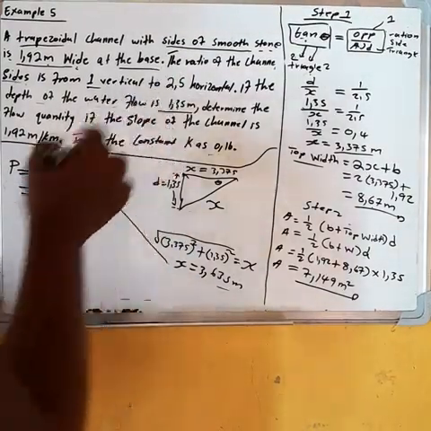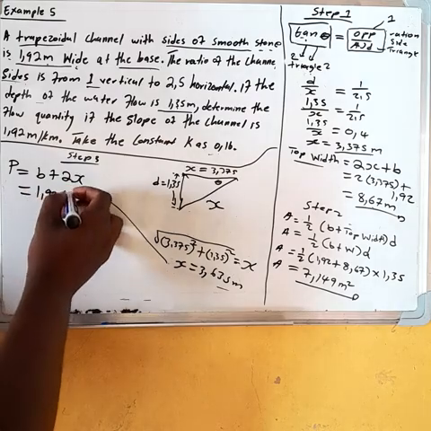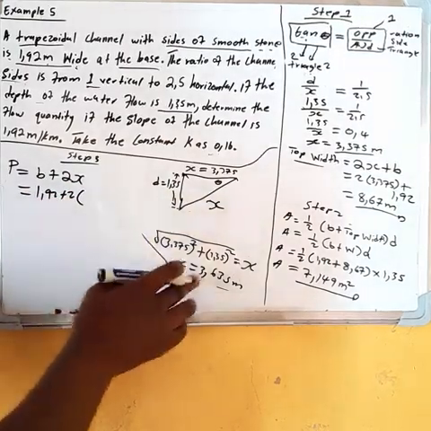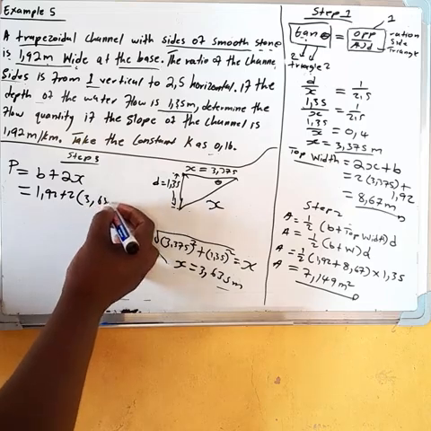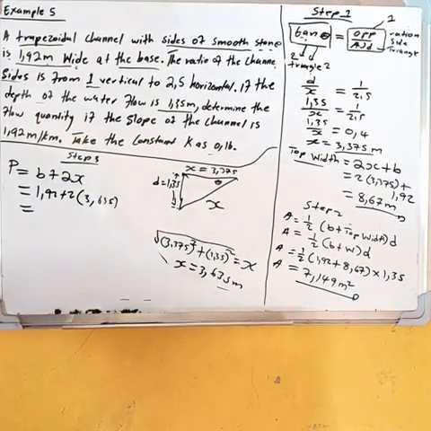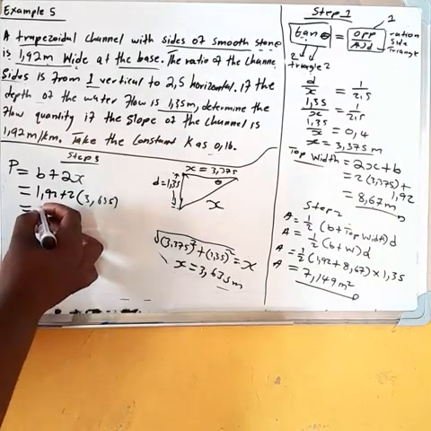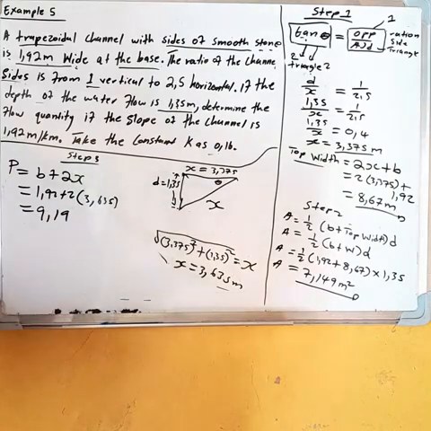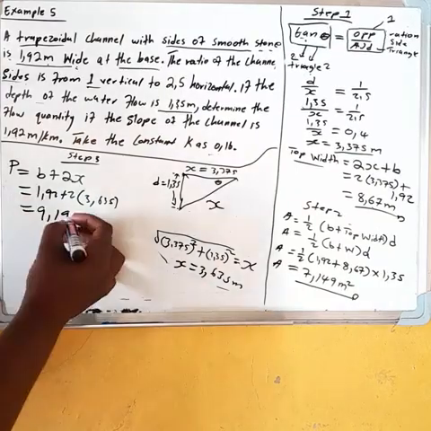What is the base? The base is 1,92 plus 2 times x, and our x is 3,635. On the calculator, 1,92 plus 2 times 3,635 will give you 9,19 meter.